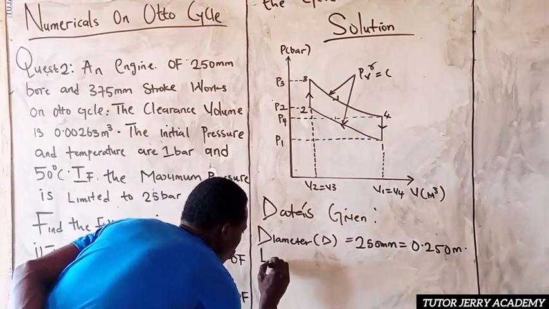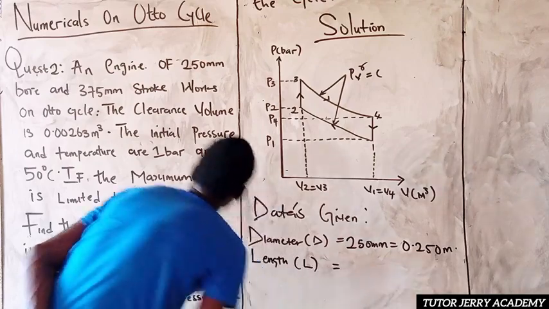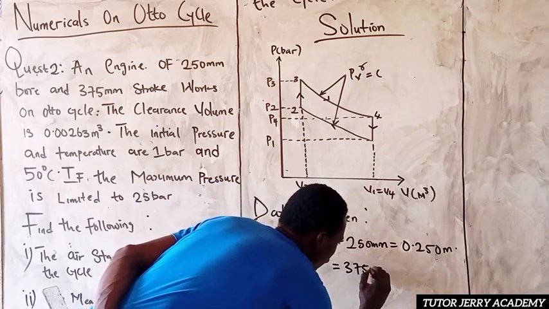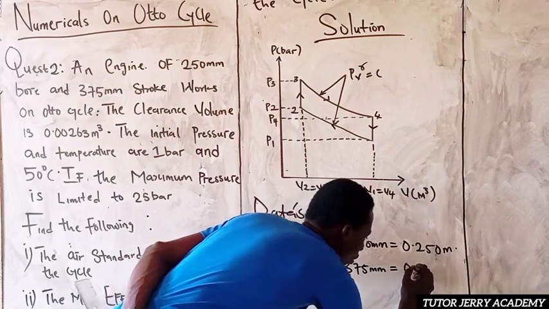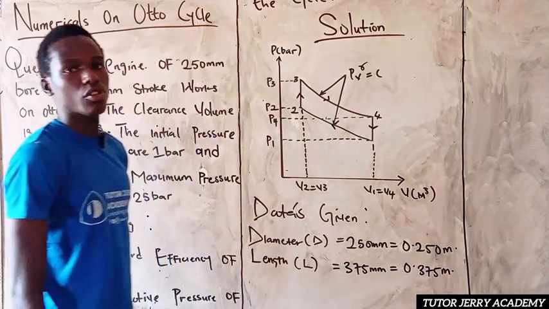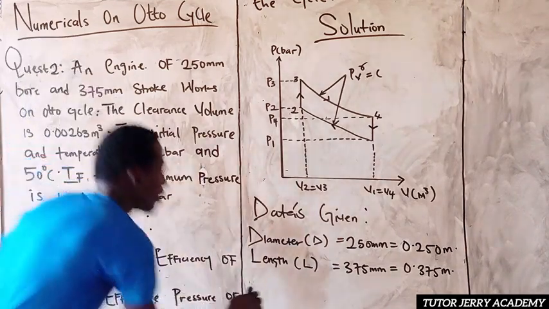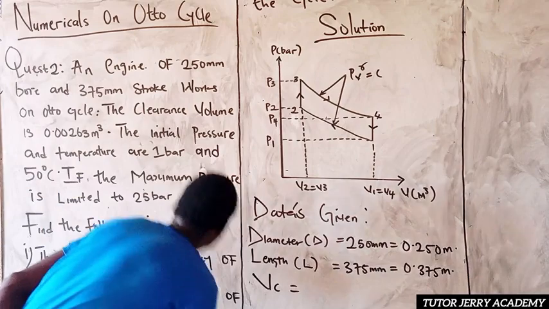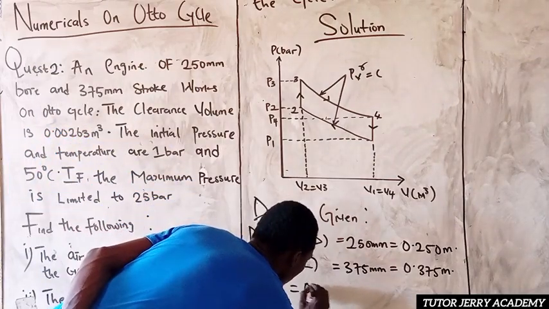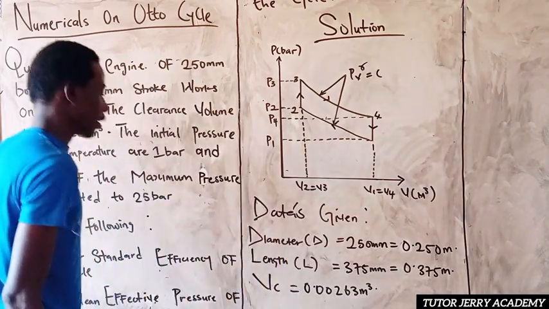So our length of stroke is 375mm, which is equal to 0.375 meter. Next, we have a clearance volume, V subscript C, which is 0.00263 meter cube. So this is our clearance volume.